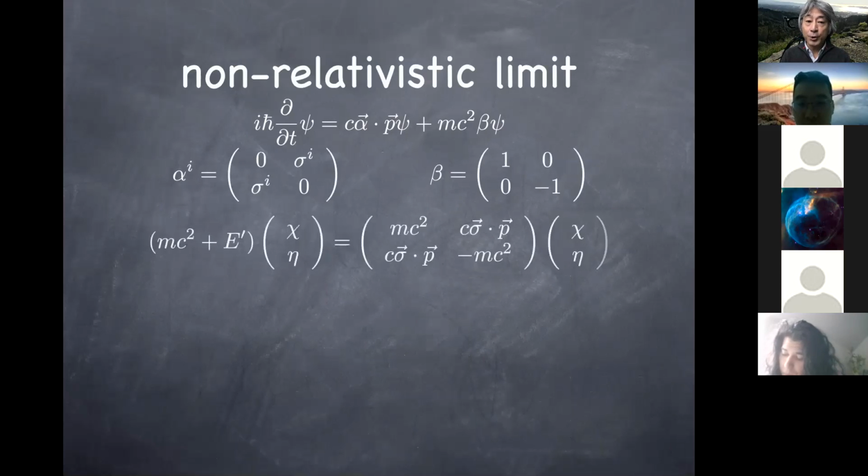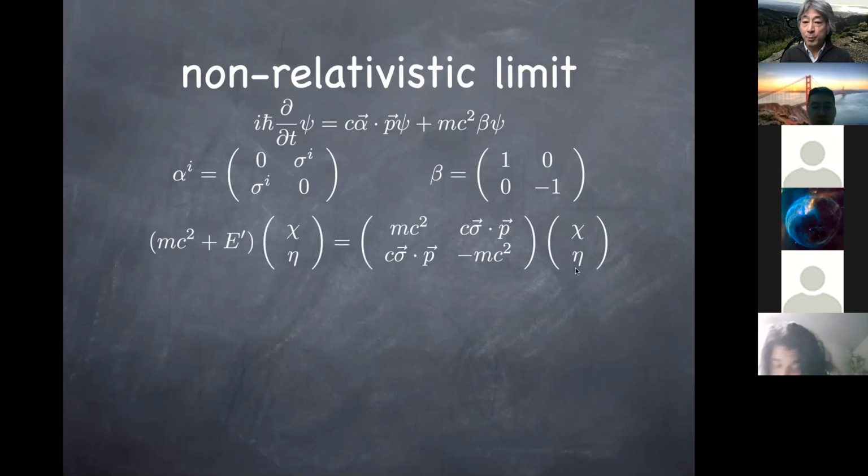So what you can do is write out this 4x4 equation into 2x2 pieces. This psi is a 4-dimensional column vector. I'm writing this in a block form of a 2-component chi and a 2-component eta. And alpha and beta are also given by these 2x2 pieces.